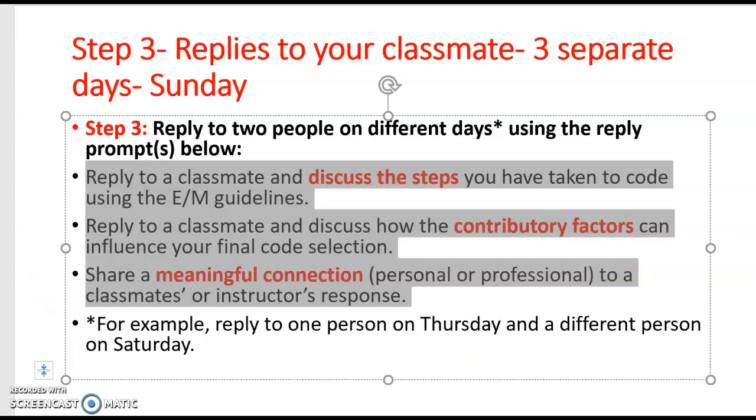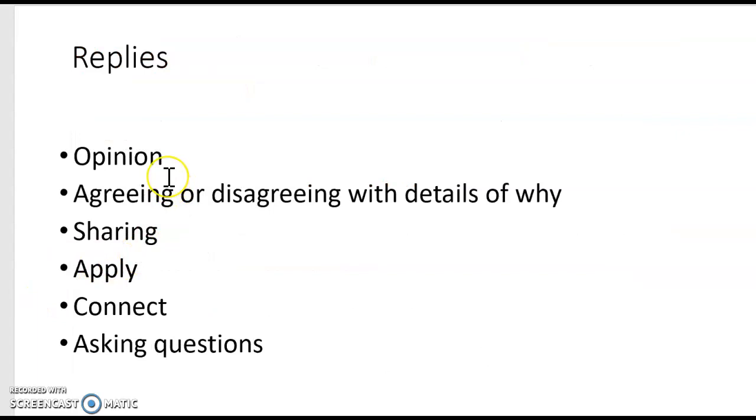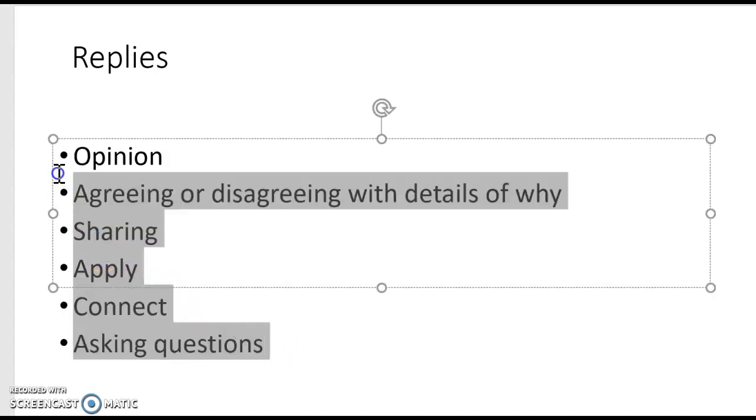Of course, your replies can also include your opinions. You agree or you disagree with them. You give them the details. You share your information. You apply your knowledge. You connect with what they're discussing and give some of your information, and you always ask questions at the end to generate further conversation.